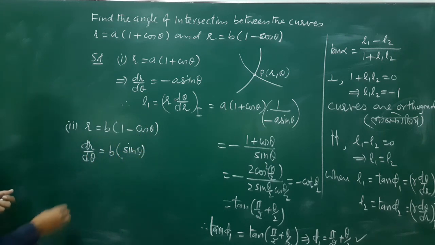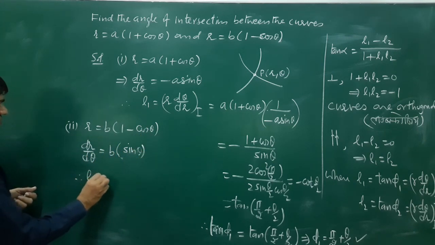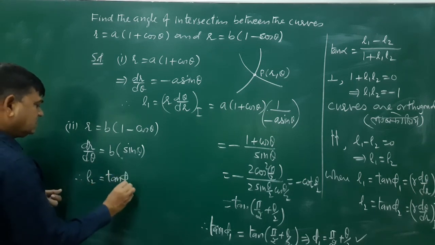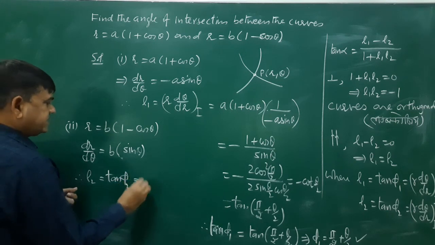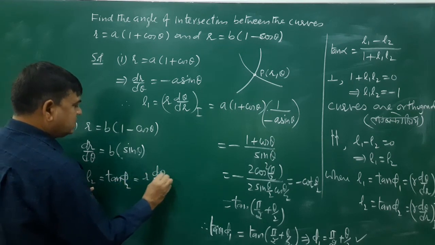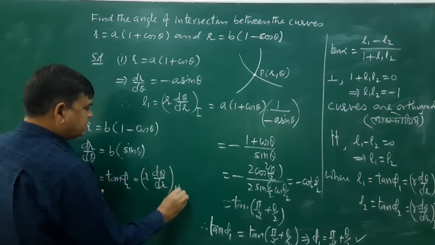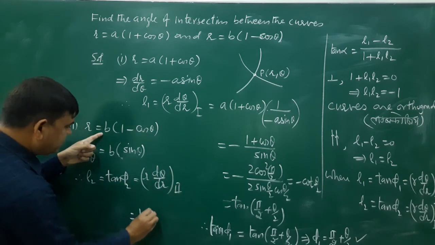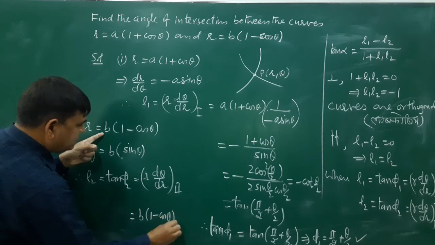Okay, so therefore L2 is tan phi, that is r d theta by dr for the second curve. What is r? b times 1 minus cos theta.